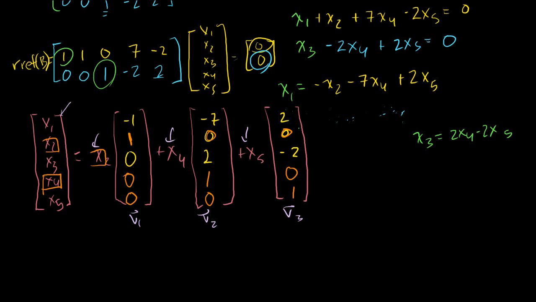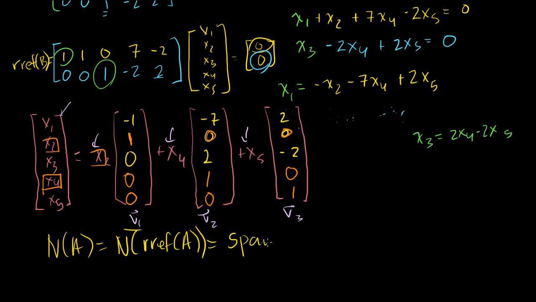So the null space of A, which is, of course, equal to the null space of the reduced row echelon form of A, is equal to all the possible linear combinations of these three vectors, is equal to the span of my vectors v1, v2, and v3, just like that.